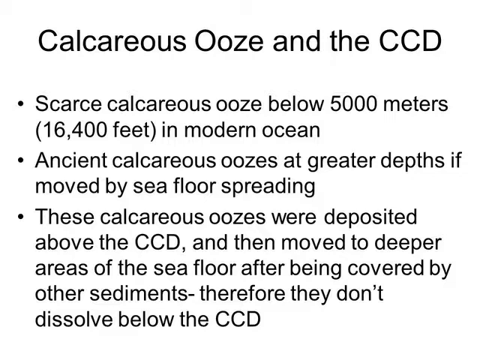You'll see some previous calcareous oozes in the deep ocean because it has a cap over it, and I'll show you an image of that in the next slide here. But oozes that are deposited above the CCD and then make their way deeper into the ocean need to have that covering, otherwise it will be dissolved.